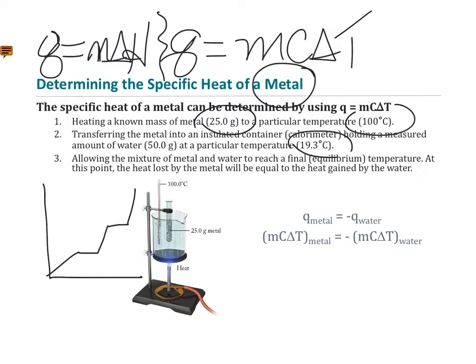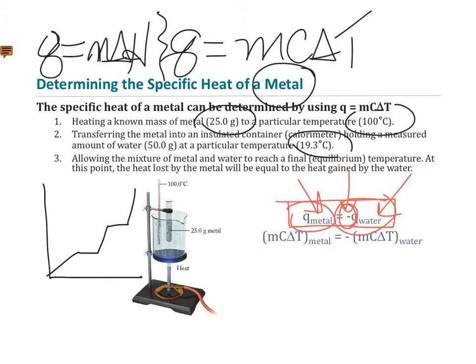What this equation simply says is that the heat released by the metal is equal to the heat absorbed by the water, and the negative sign here is really important, because it's showing that one is releasing heat, one is taking in heat. And this is probably the most common mistake that students make when working this type of problem, is they forget to put that negative there.